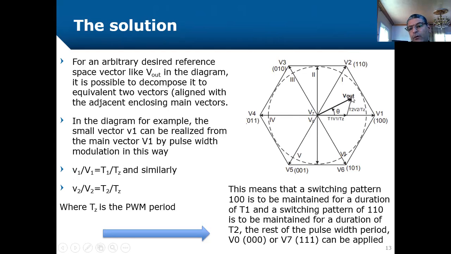We say that we will realize any desired vector in any sector by the two enclosing vectors. In the case of sector 1, they are V1 and V2. In the case of sector 2, they are V2 and V3. We will call them also for sector 2, V1 and V2. Always V1 will be to the right of the desired space vector, and V2 will be to the left of the desired space vector. And the same concept will be applied.